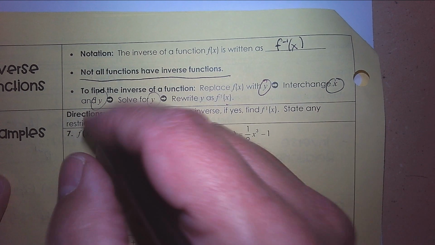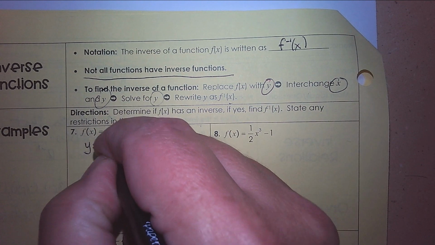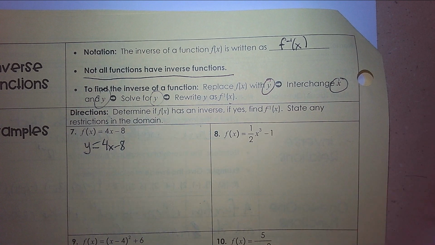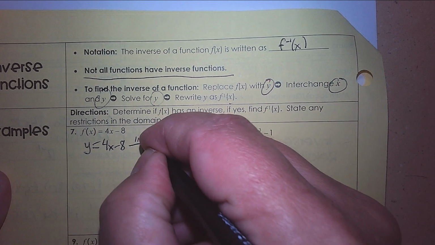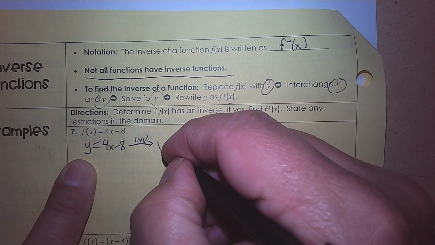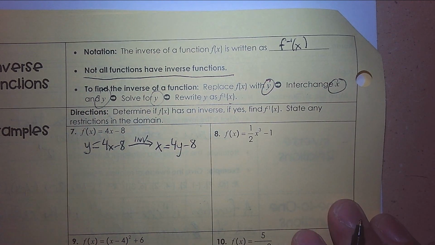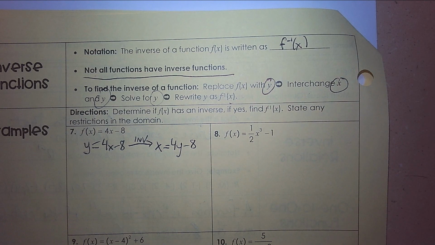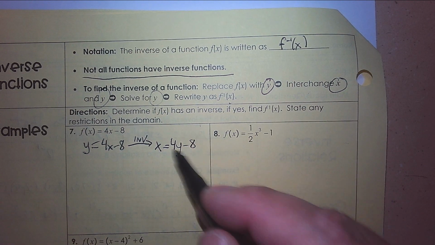Step 1 is, instead of f of x, that means the same as y equals. Now, why do I do that? Because the inverse would be x equals 4y subtract 8. Do you see how the x and the y are switched? By switching, it forces me to undo what's on the right side.